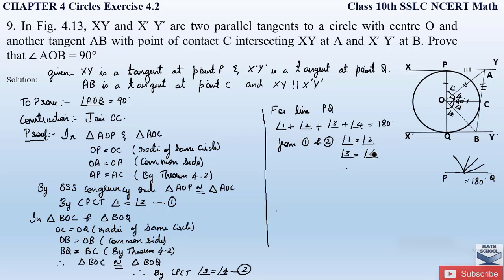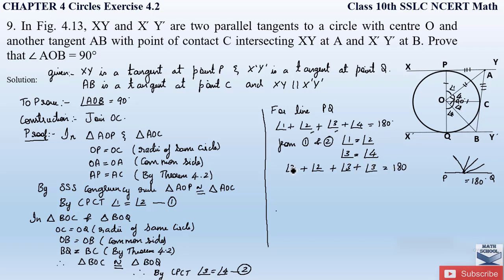Now since we have to prove that angle AOB is equal to 90 degrees, which includes angle 2 and angle 3, we will substitute angle 1 as equal to angle 2 and angle 4 as equal to angle 3. So substituting, angle 2 plus angle 2 plus angle 3 plus angle 3 is equal to 180.